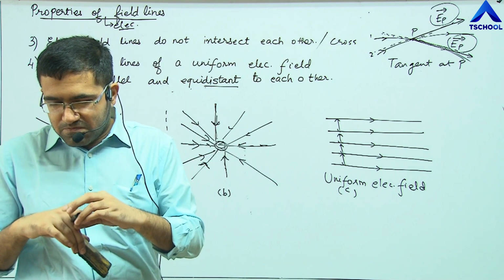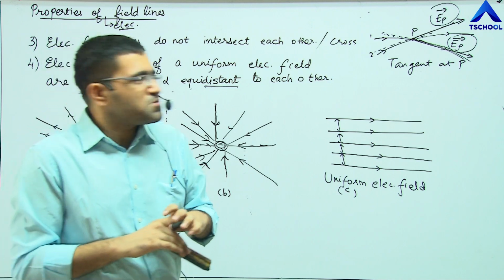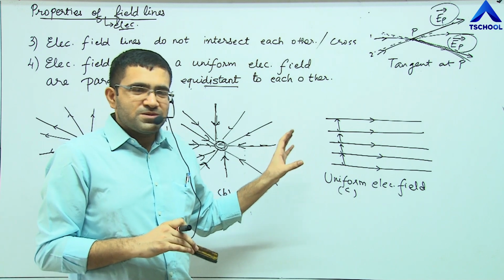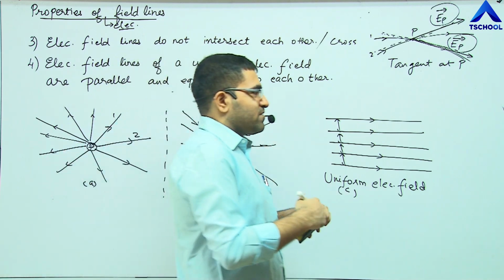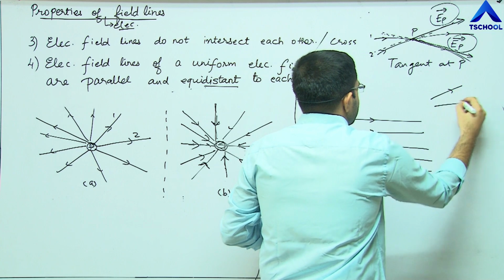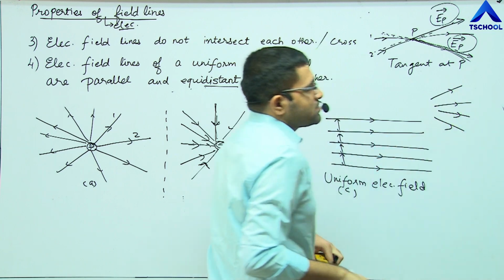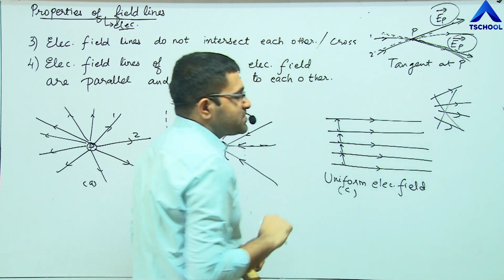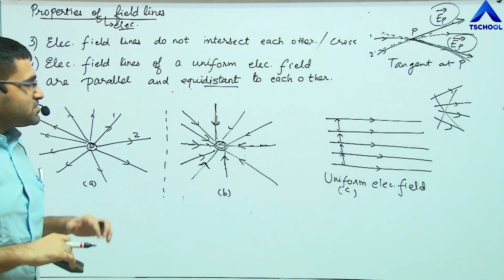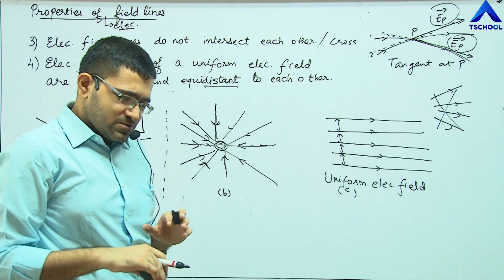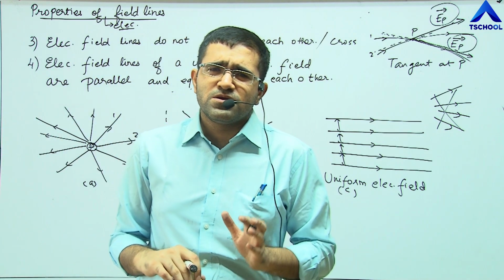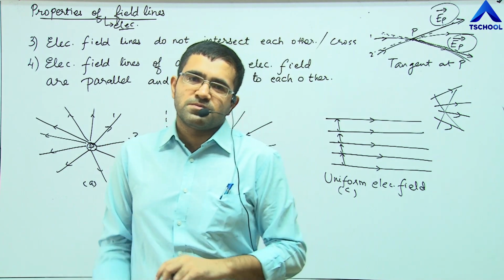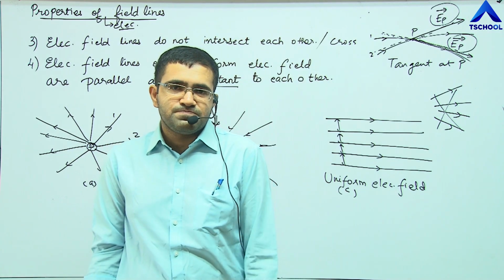Now, why do you think it should be like that? Why is it that a uniform field cannot have a possible electric field line diagram like this? Think about it. Why not this? Why is it like this one? You'll understand the reason if we think about the basic ideas, the two things I told you at the start about field lines.